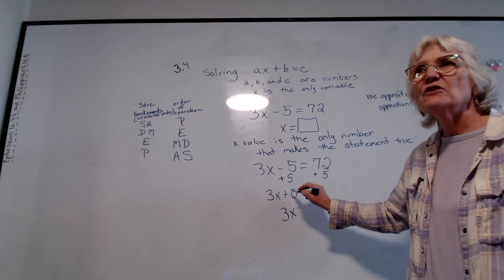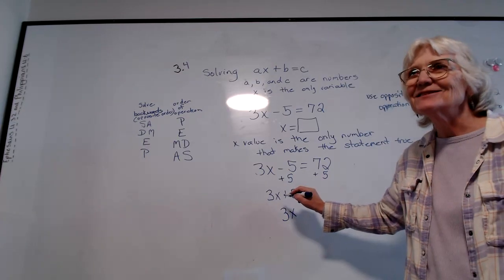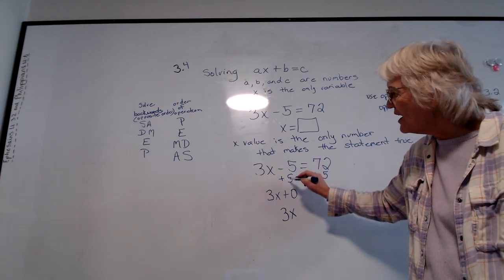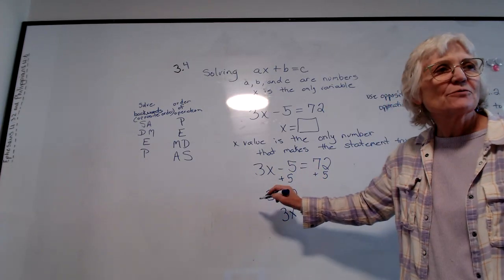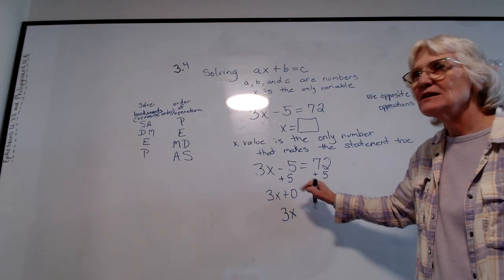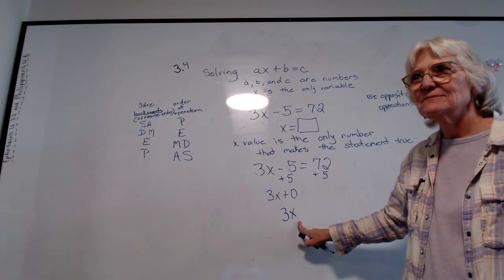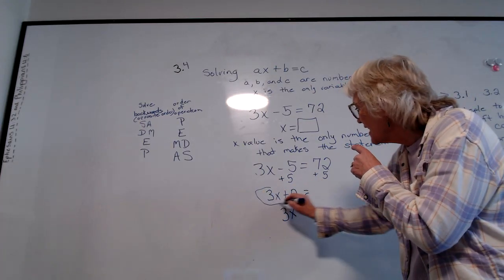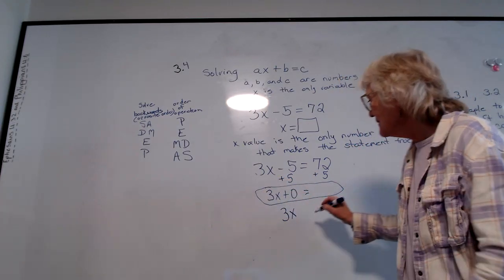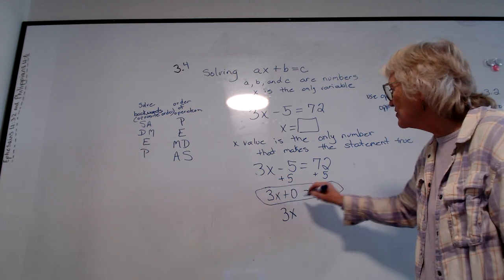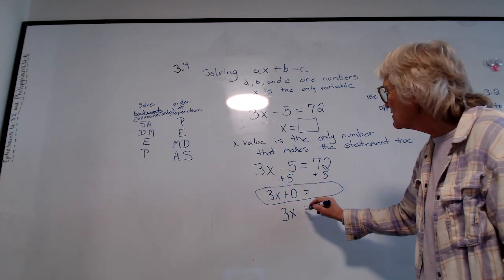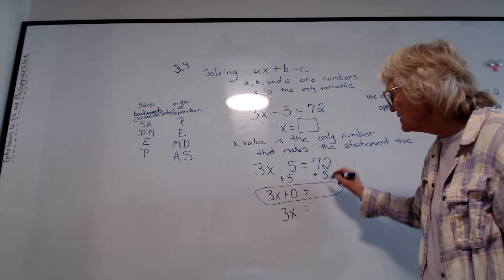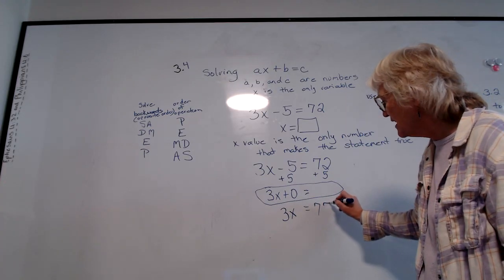I don't require you to write this line. I just want you to know that what I got here is 0. So 3x plus 0 is the same as 3x. This line you do not have to show. I just put it there so you know it. Then I do this work, 72 plus 5 is 77.